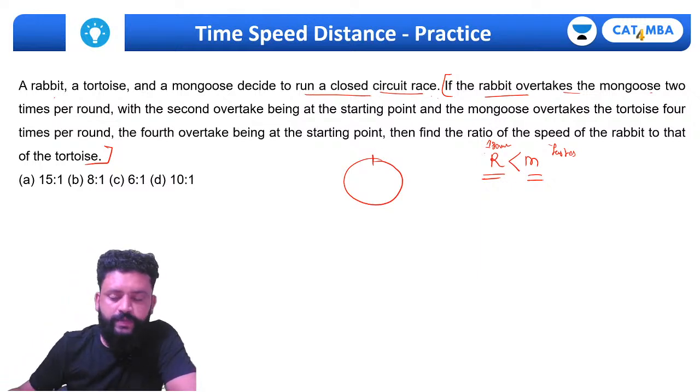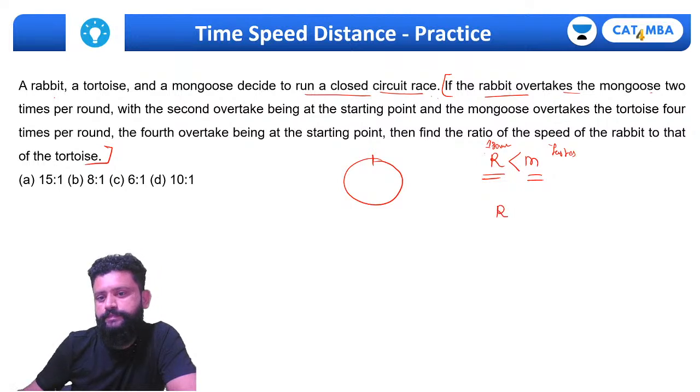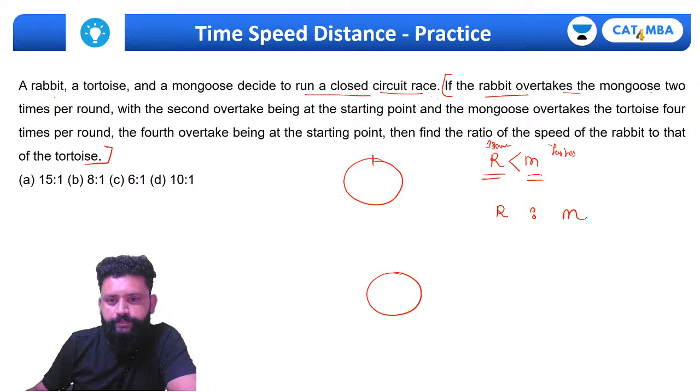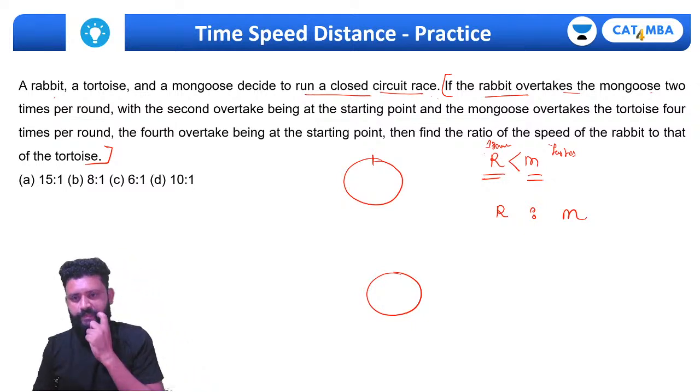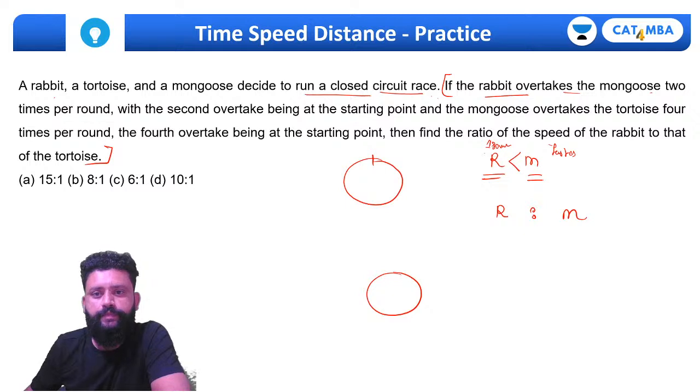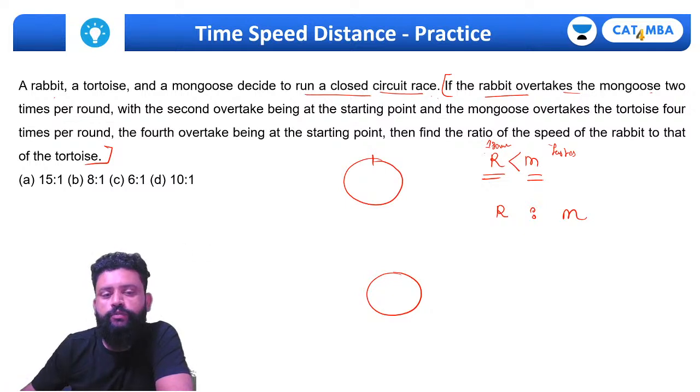So what should be the ratio of their speeds? And we do have one more clue.